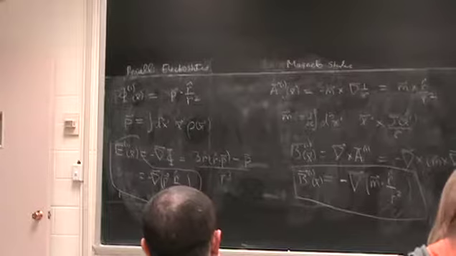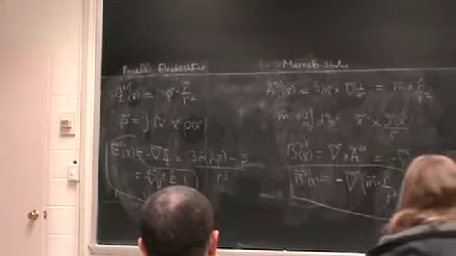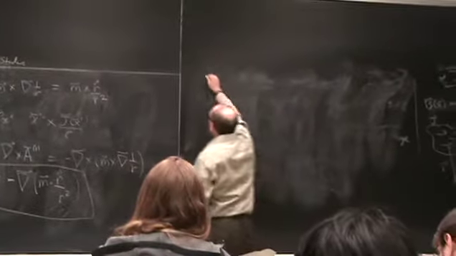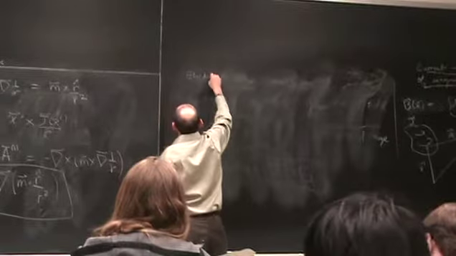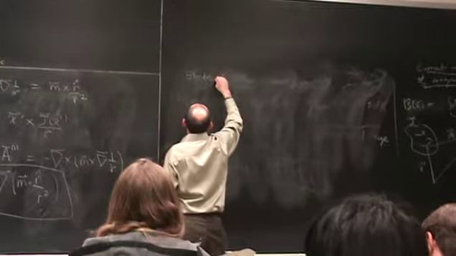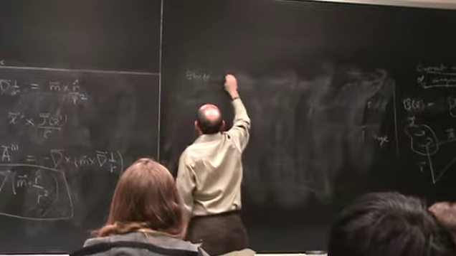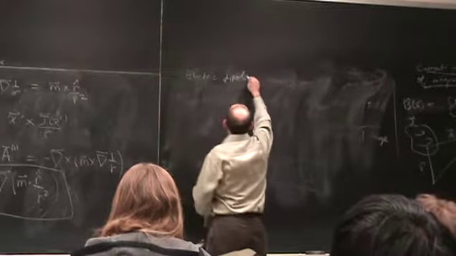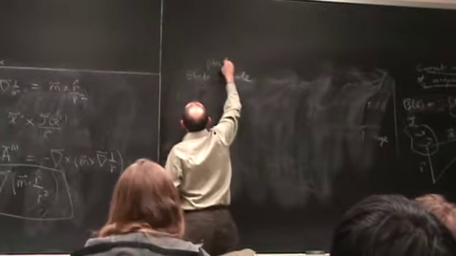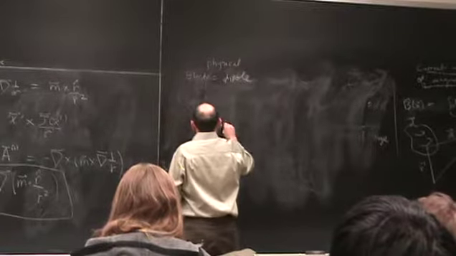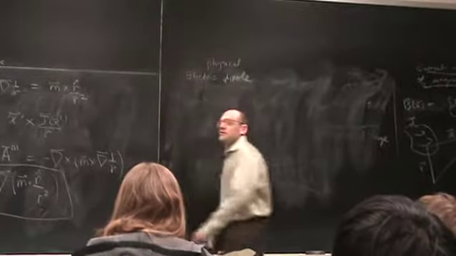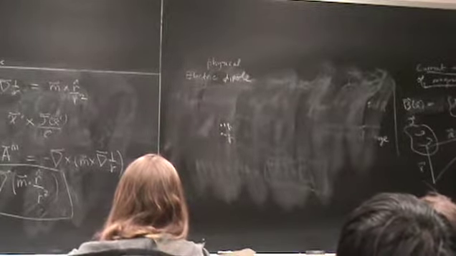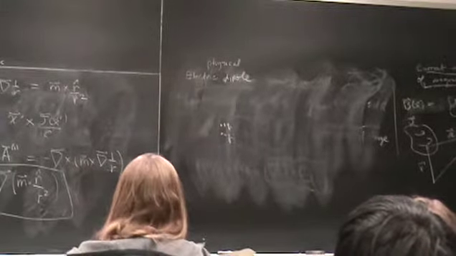And what does that field look like? Well, if I have a physical electric dipole, that constitutes two charges, plus and minus. It's not a pure dipole field, but it's dominantly dipole far away from the charges.